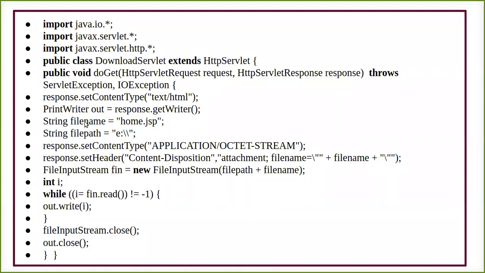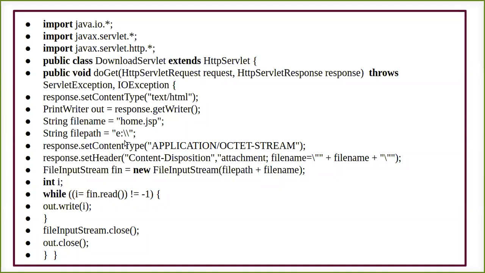Now I have defined two variables here, one is fileName and one is filePath. As I always told you, if you have a web application in NetBeans, whenever we create a project, in the main root directory of the web application, all the files present inside it identify each other whenever they are called in any file. Here I am calling a file called home.jsp, which is present inside your project directory somewhere in the E drive.